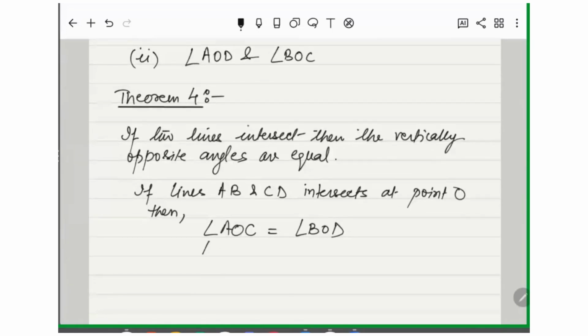And another pair of vertically opposite angles, AOD, will be equal to BOC, right? So the vertically opposite angles will be equal in measurement. So this is the theorem, right?